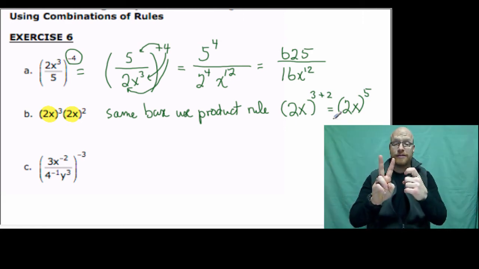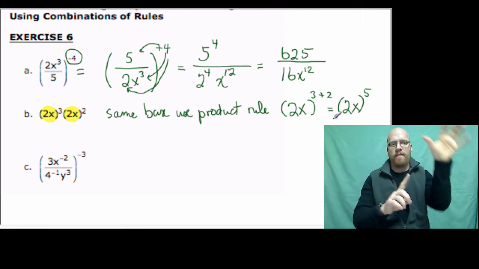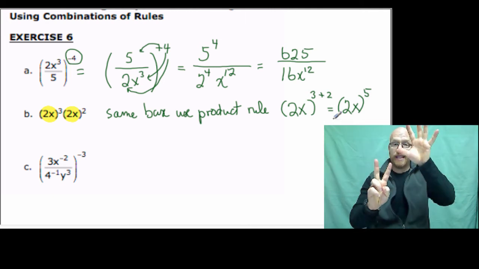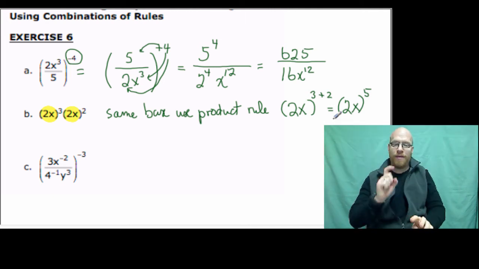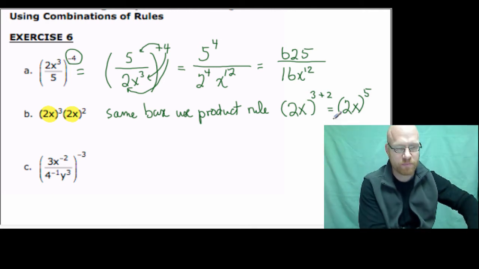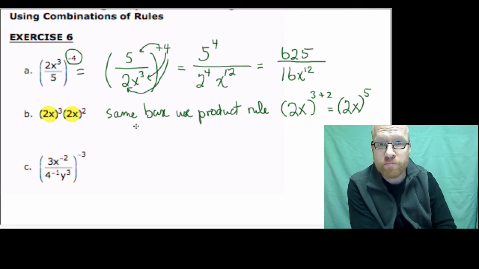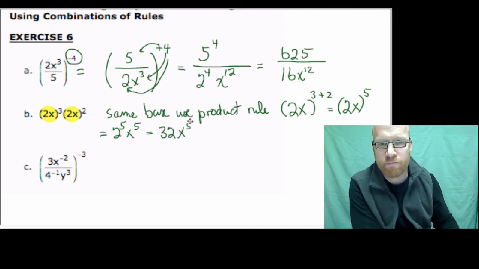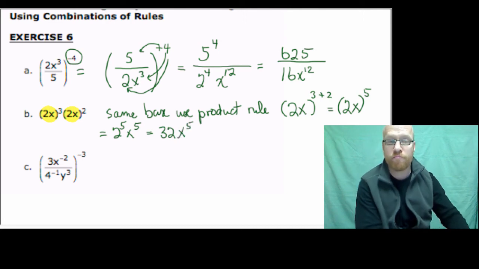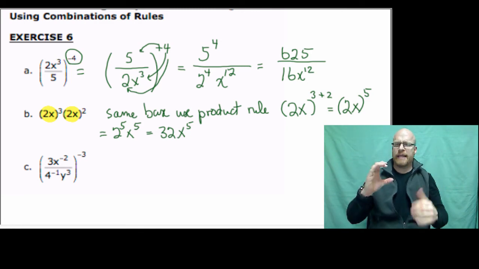So now we have 2x raised to the fifth power. So we use the product rule, and it's 2 to the fifth and x to the fifth. All right, and that's our final answer for that one.